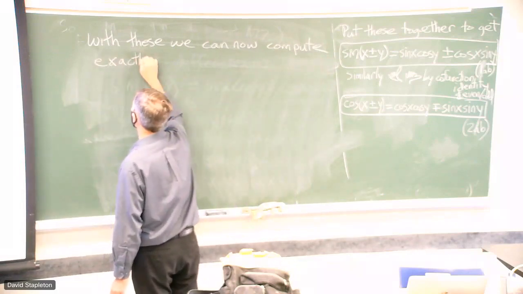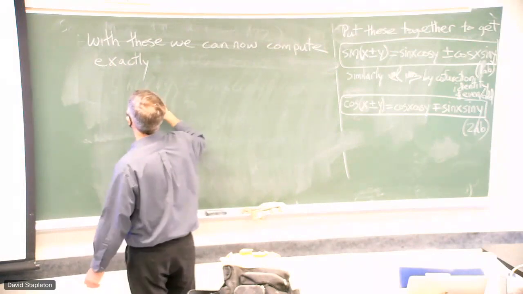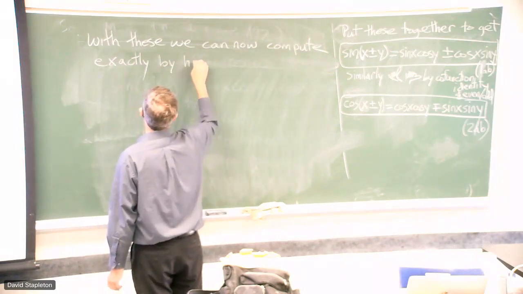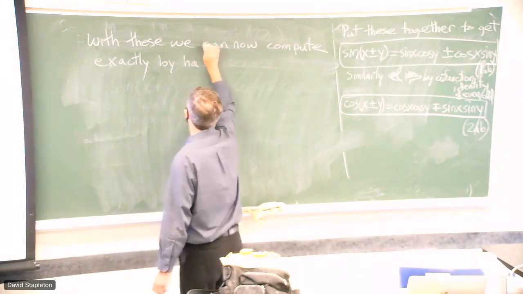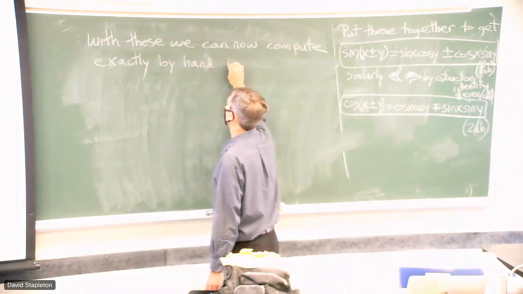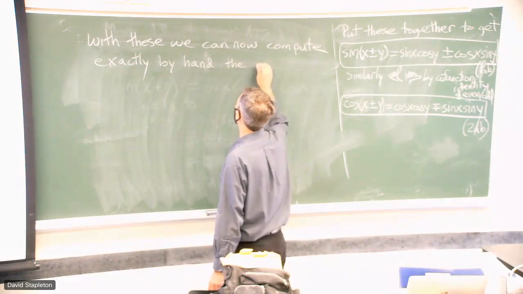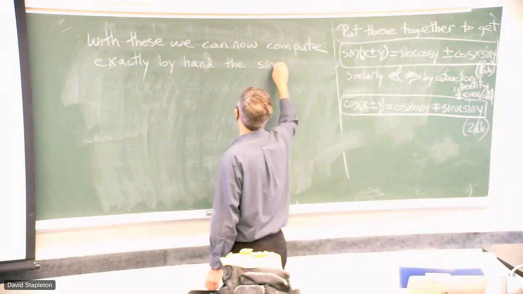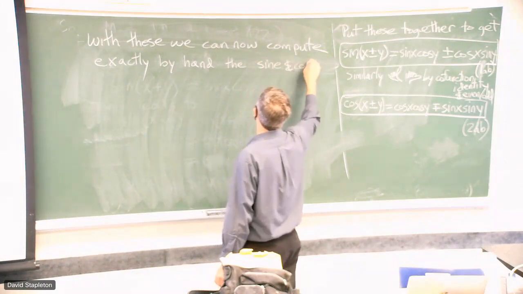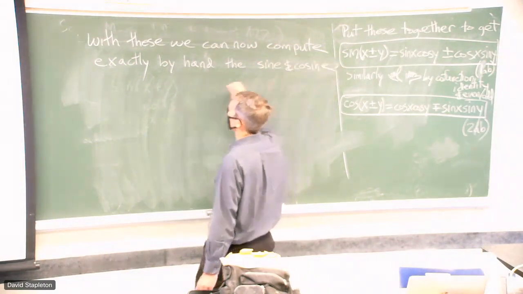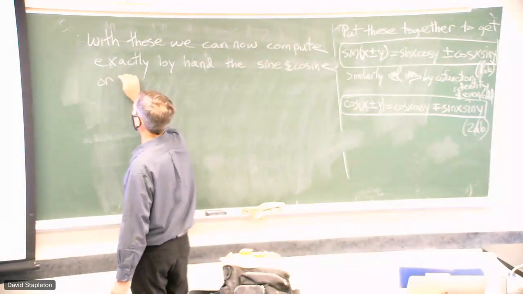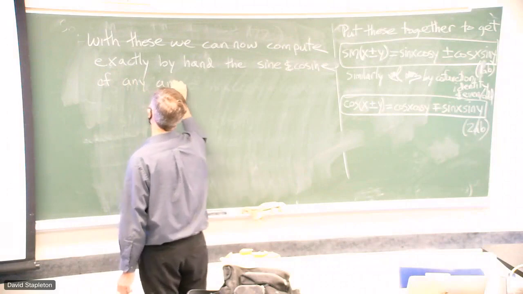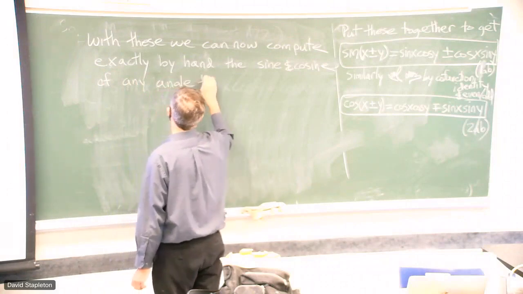And your modern calculators, the nice ones, can do these exactly also, since they know these formulas. The sine and cosine of any angle that's a multiple of 15 degrees.